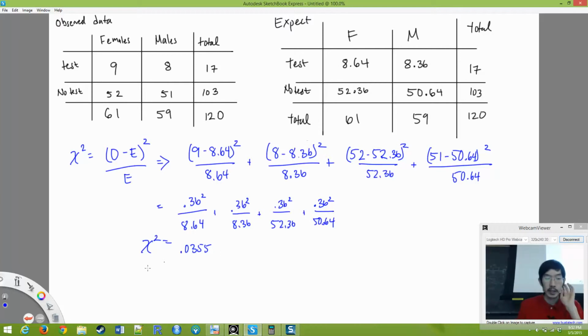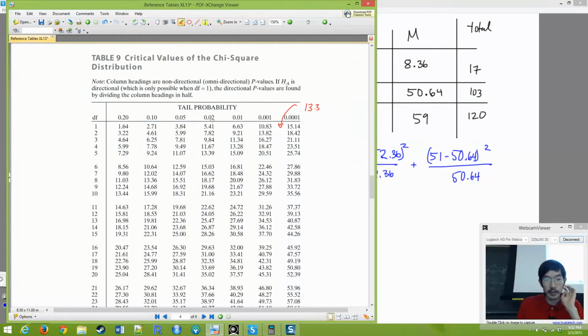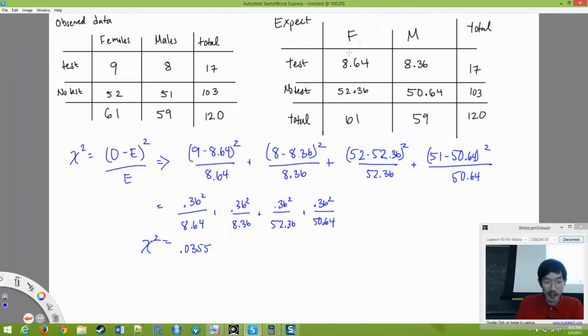Okay, so if we go to the table, looking up 1 degree of freedom this time, and we're looking for the value 0.0355, we'd see that it's much closer to 0 than 1.64.